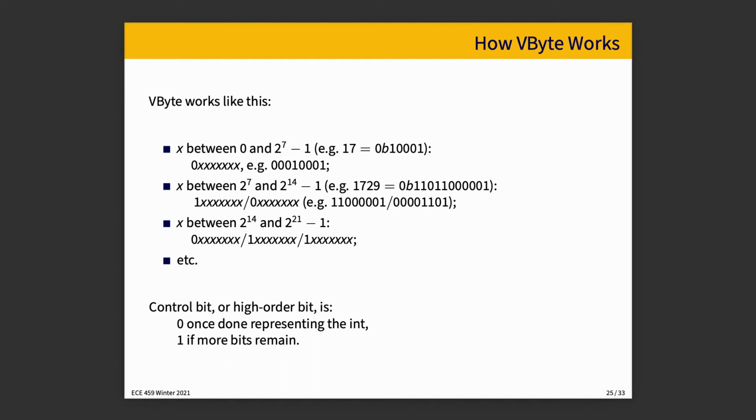If the quantity is going to fit in 2 bytes, then again, we are reserving our first bit as a control bit, and the rest are used to represent the number. So for the first byte, the control bit is 1, saying there is more to come after this. This is not the last byte of this, and so on and so on. And we can keep going in that scheme. The control bit, the highest order one, is basically saying 0 if this is the last byte representing this integer, and 1 if it's not.